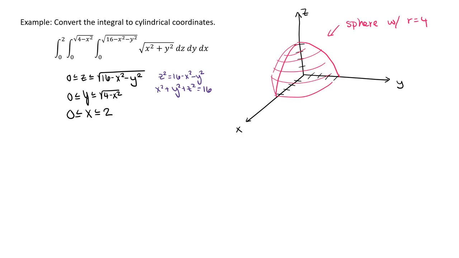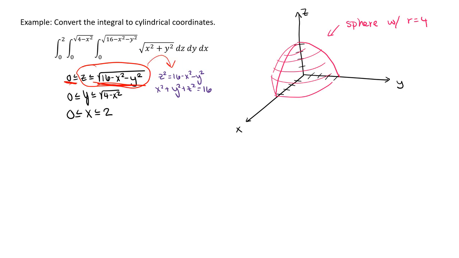So let's try to draw this. First of all, the z values start at 0. That's just my xy plane. And they stop at this square root of 16 minus x squared minus y squared. That equation is the top half of a sphere.